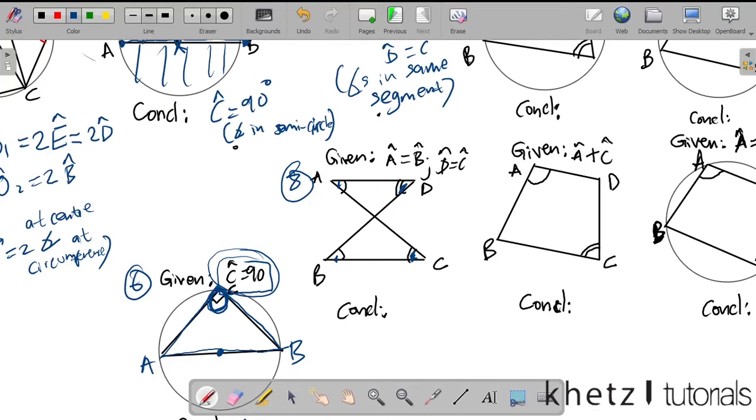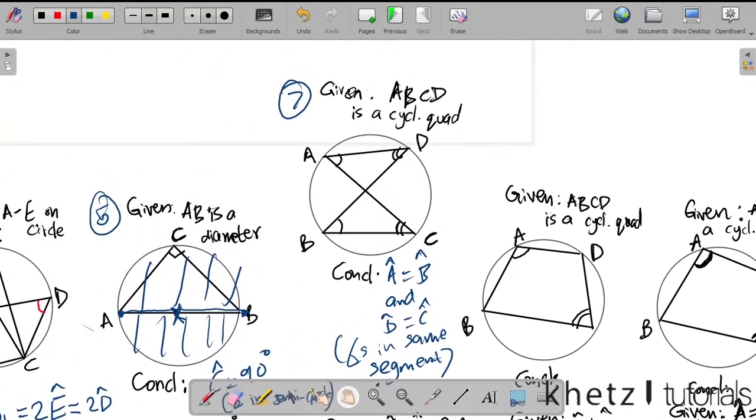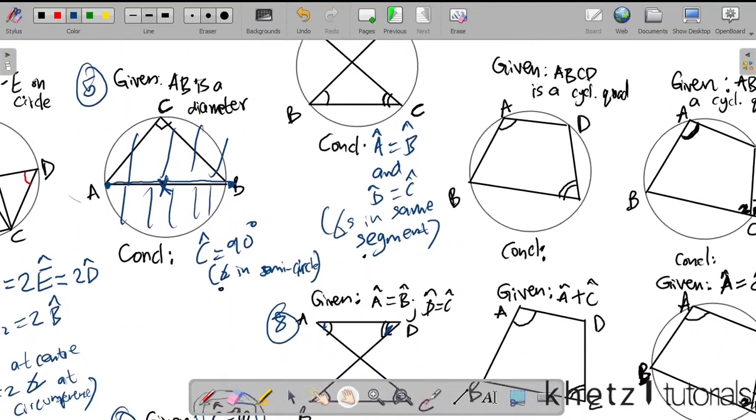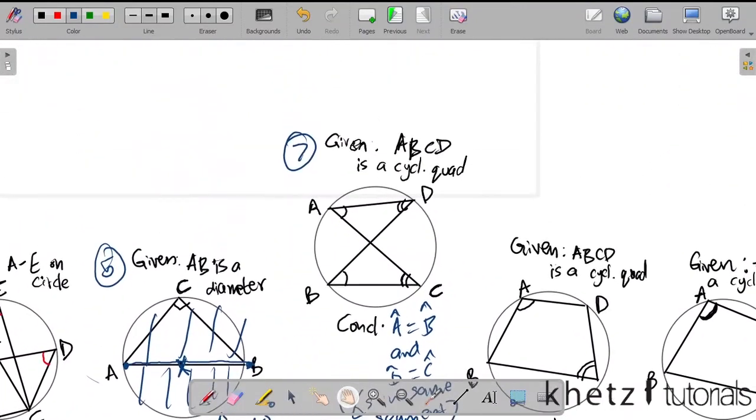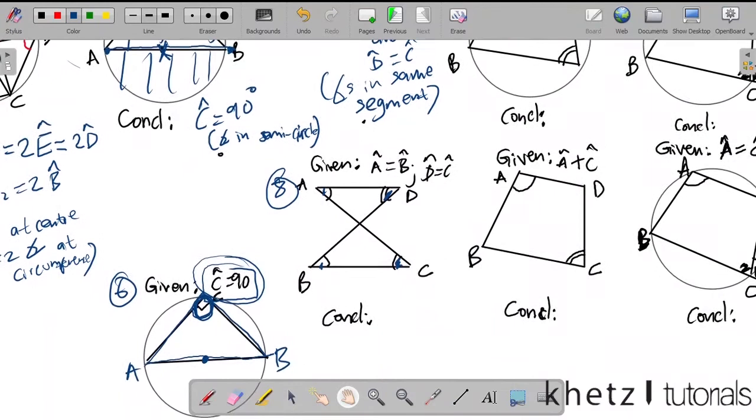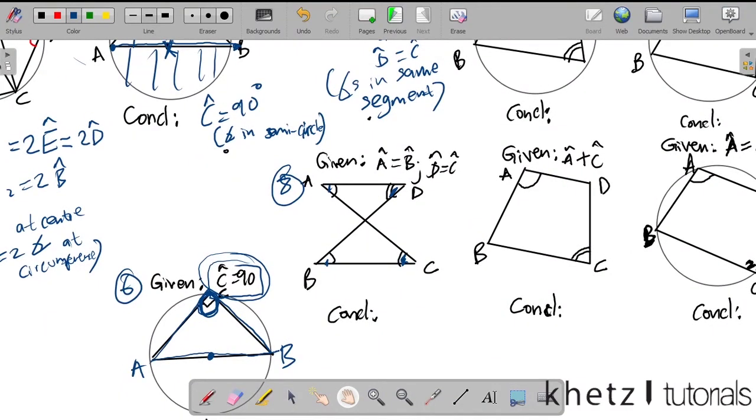So you would have noticed that if the conclusion of one diagram now becomes the given statement, then the given statement of that previous diagram becomes the conclusion. So now that we know that A is equal to B and D is equal to C, we can conclude that this diagram is actually a cyclic quadrilateral. So ABCD, that will be our conclusion, is a cyclic quadrilateral.